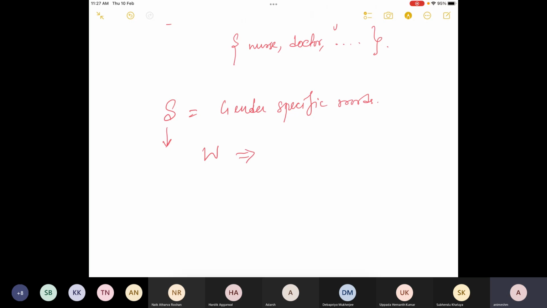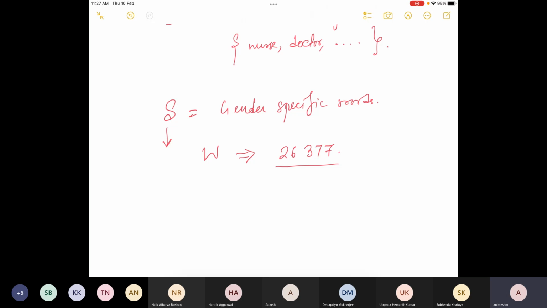So you remember W was the original set of words that were taken from the W2V news corpus, and the size of W was around 26K. Right.